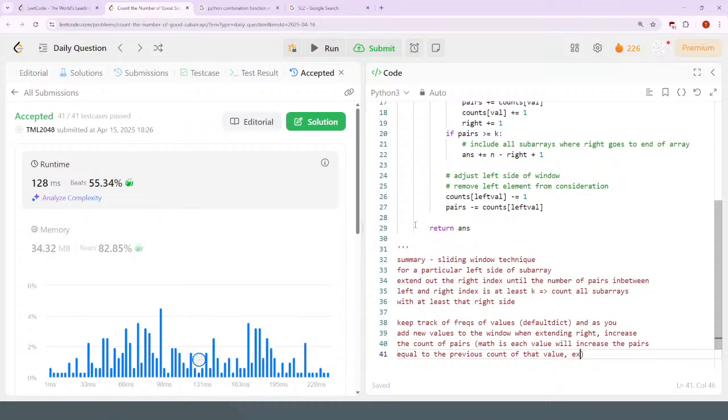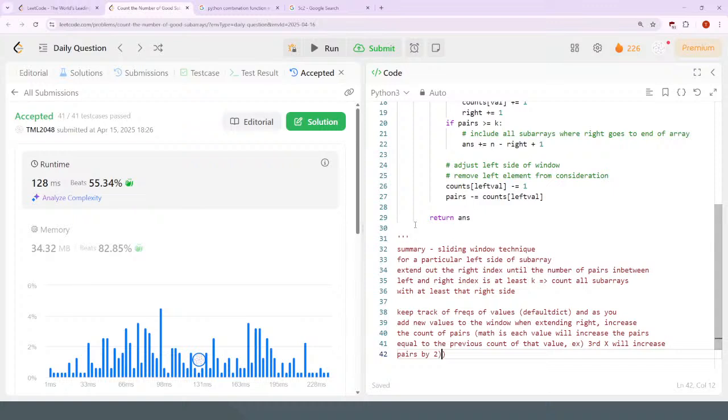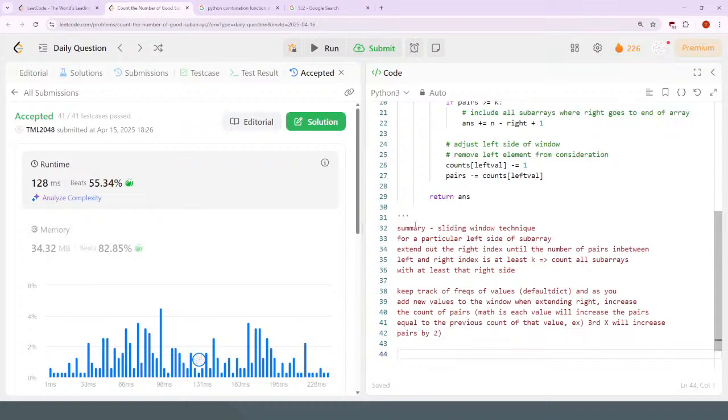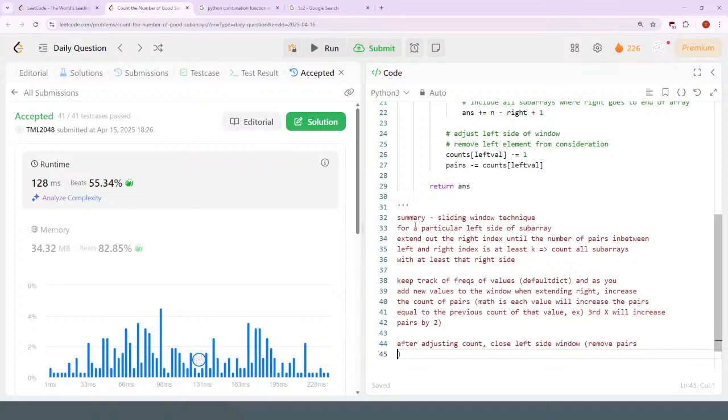So for example, third x will increase pairs by 2. After adjusting count, close left side window. Basically remove pairs from left, due to left value removed from window.